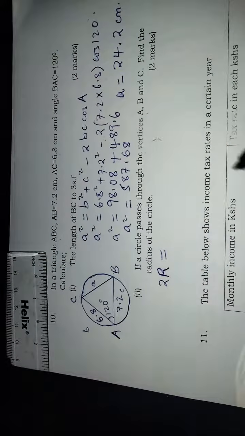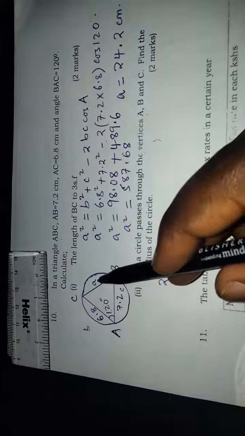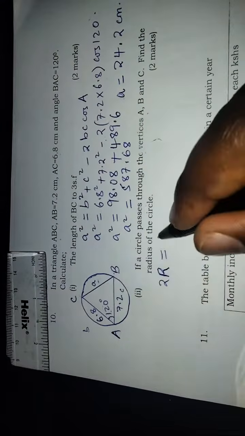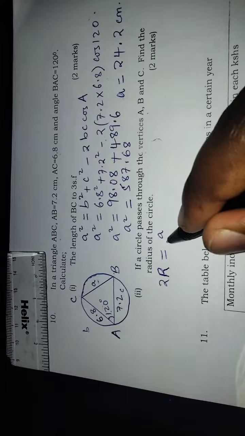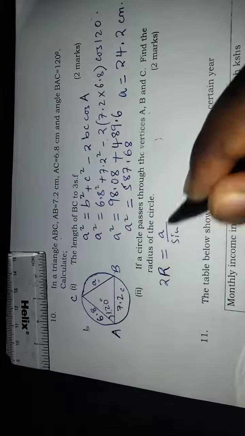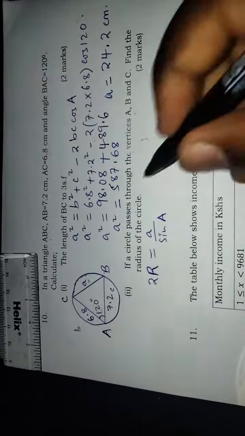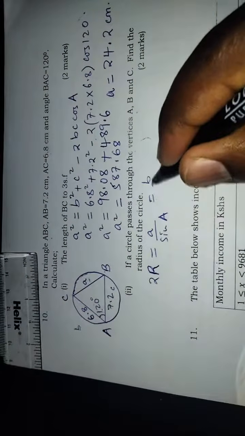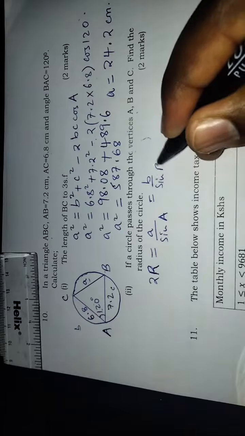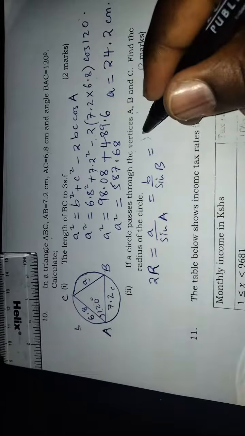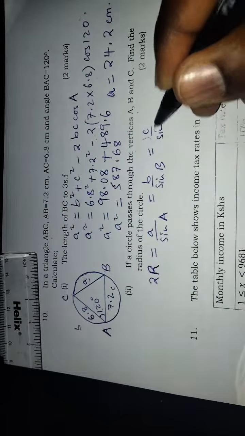And in the sine rule we have a provided angle, so we can use the opposite length here, which has been gotten, length A out of the sine of A. It can also be equal to length B out of the sine of B. It can also be length C out of the sine of C.